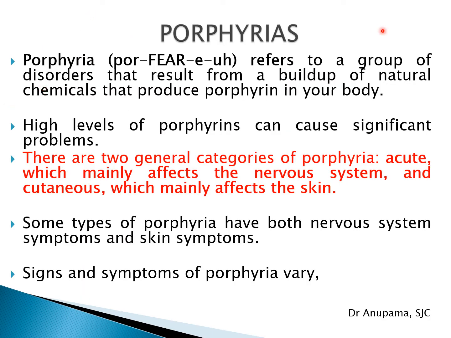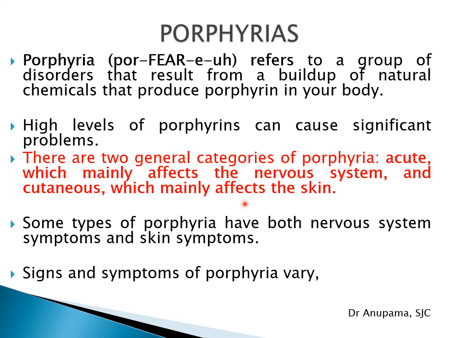Now what is porphyria? Porphyria, here por means fear. It refers to a group of diseases that result from building up of the natural chemicals that produce porphyrins in our body. High levels of porphyrins can cause many problems. So there are two general categories of porphyrias.